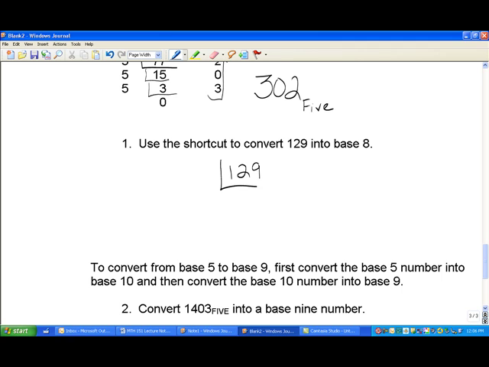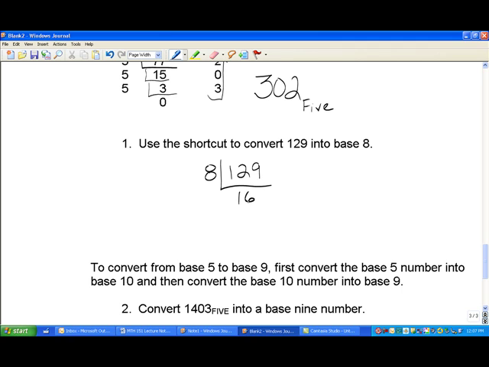So let's do the shortcut on 129. We want to convert it into base 8. I do use my calculator for these division problems. I take 129 and divide it by 8. The whole number part of that is 16.